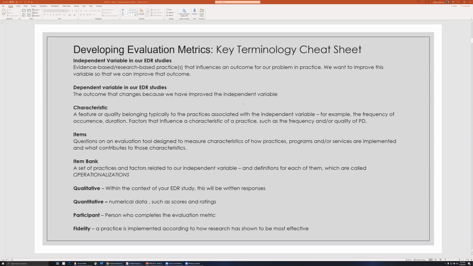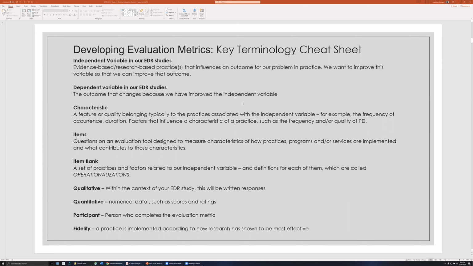And there's literature on that. And by following the way it's been designed and identified in the literature in terms of evidence-based practice, you'll have a greater likelihood of your own clients or students increasing their knowledge and skills through you implementing that practice versus if you took the practice and just implemented it your own way.